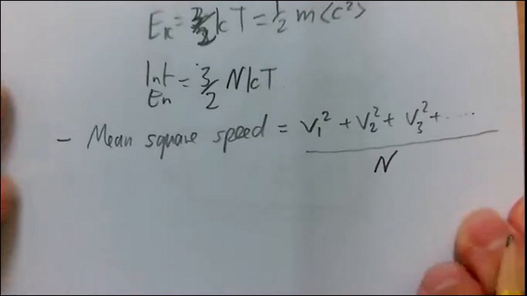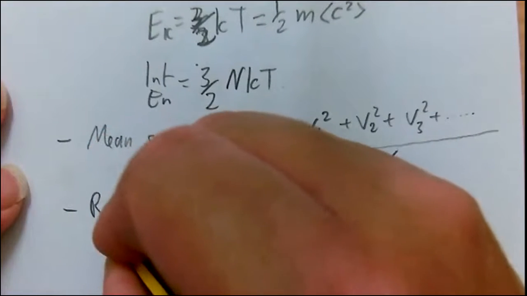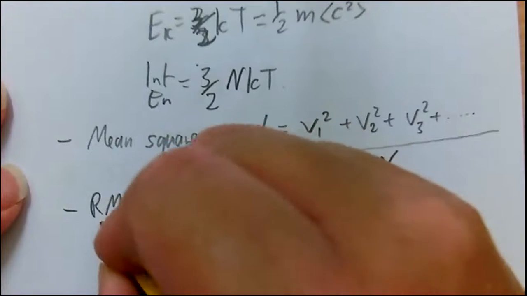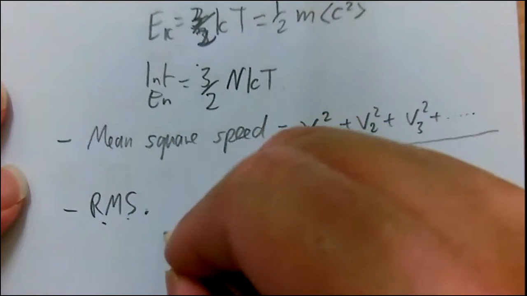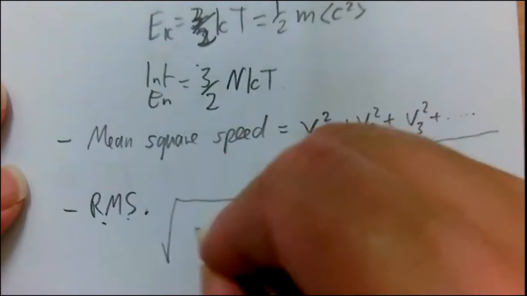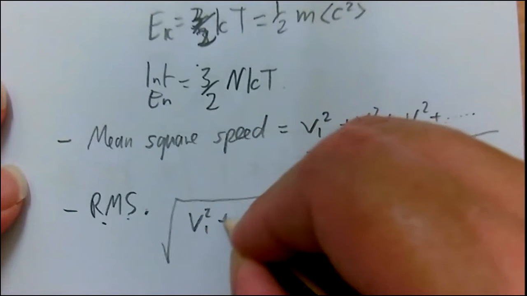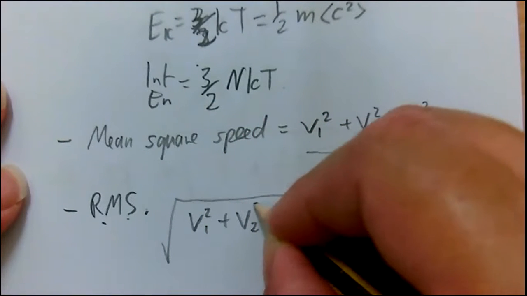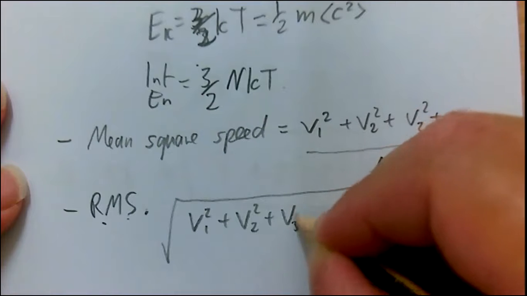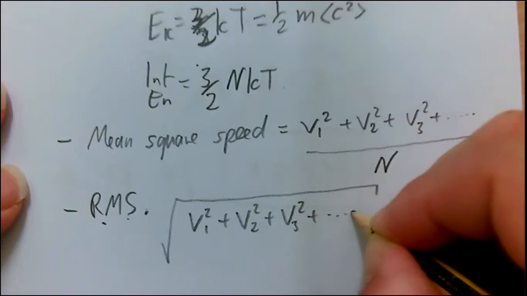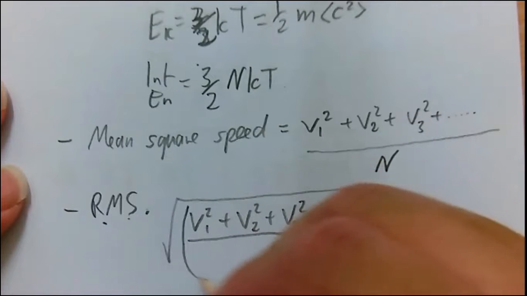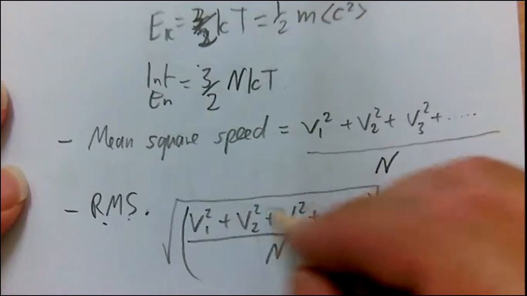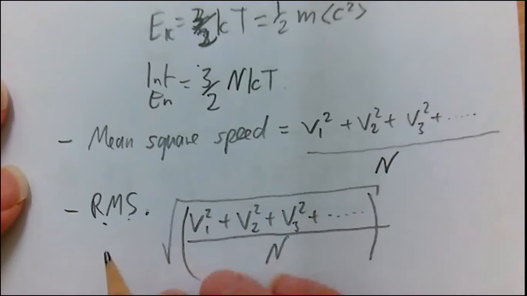And understand also the root mean square speed, which is the square root of the sum of the speeds squared divided by the number of particles, the whole thing square rooted. Okay, you do need to know those particular terms.